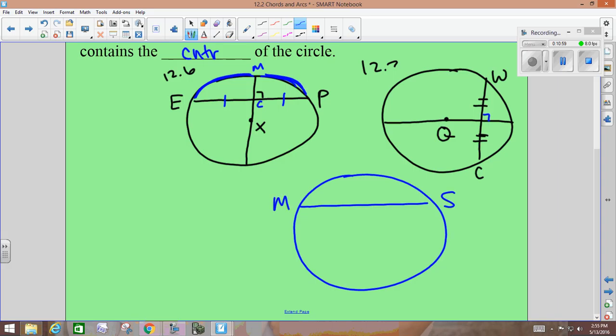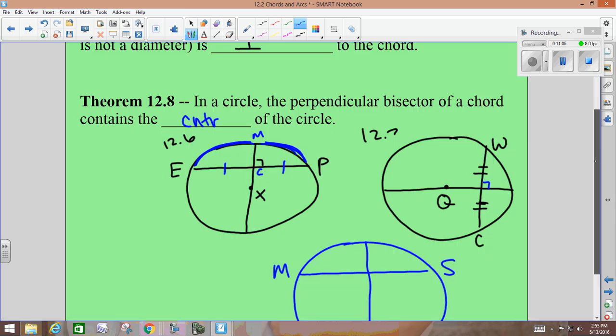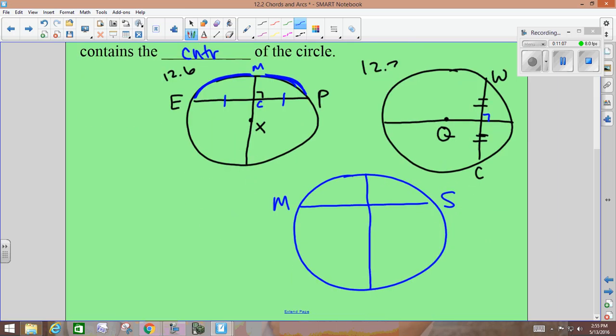There's chord MS. If this vertical line is perpendicular and bisects the chord, then it must be passing through the center of our circle. It has to be the diameter or a radius. If a chord is getting bisected and is perpendicular, then the one doing the cutting in half must be coming from the center of the circle.